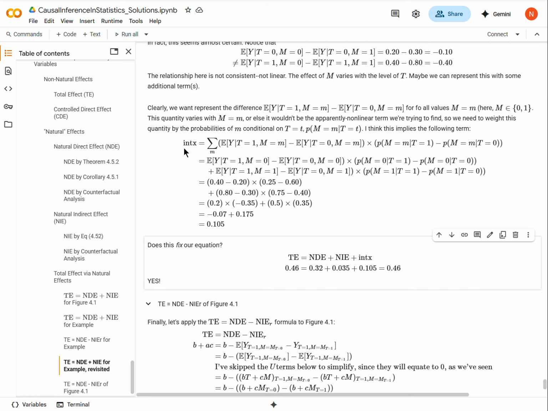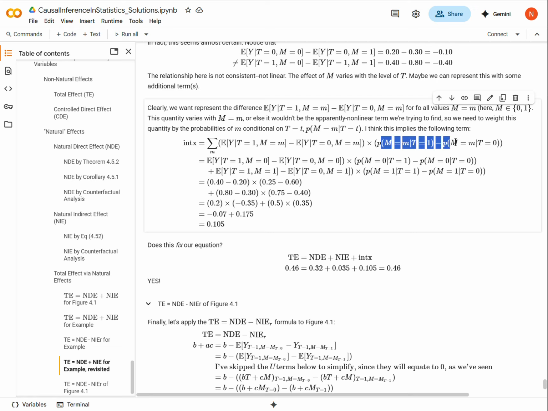So we can do that. Okay, and so here's an expression for the interaction term, and it's reasonably straightforward. We're just looking at the value of y under the two conditions, and we're finding their difference, and then we multiply it by the difference in probabilities when m equals whatever particular value.